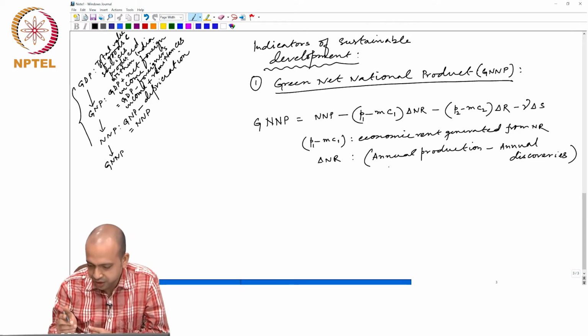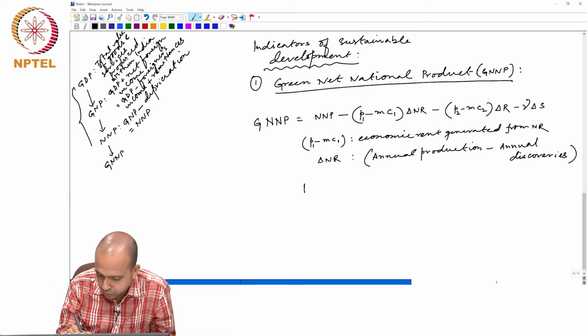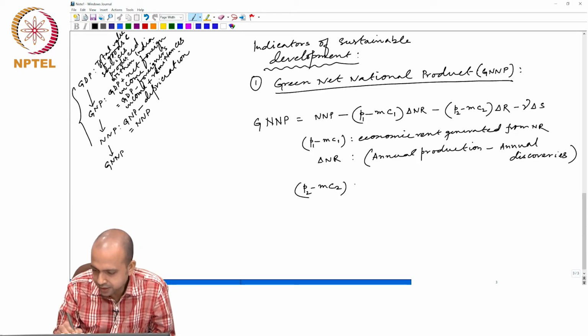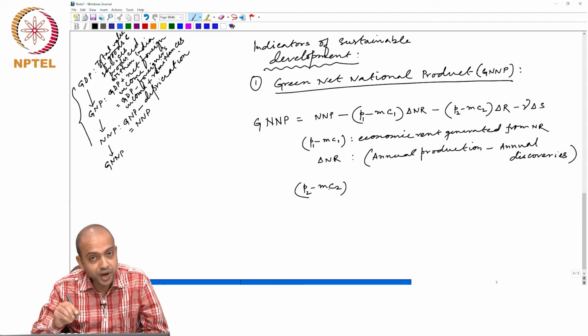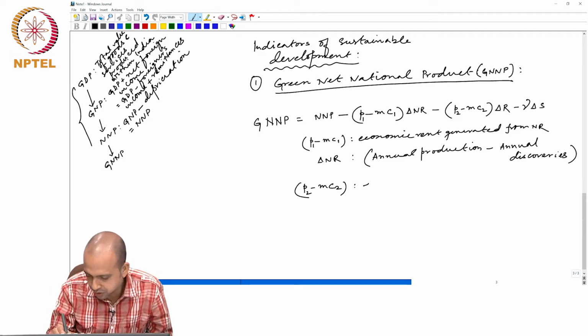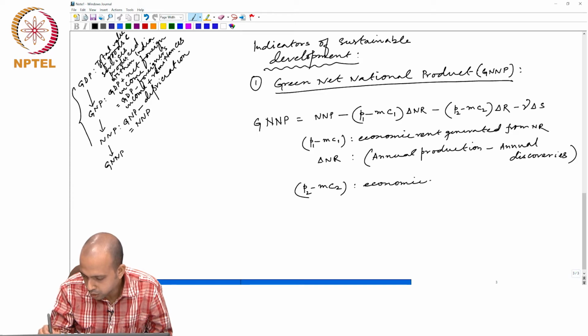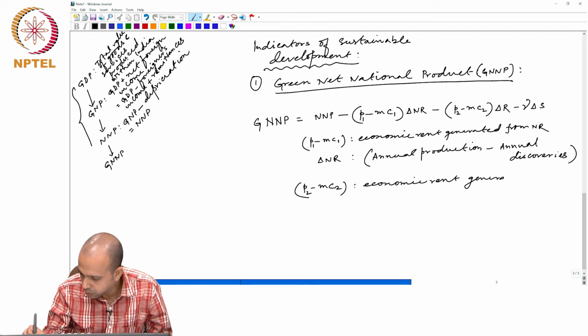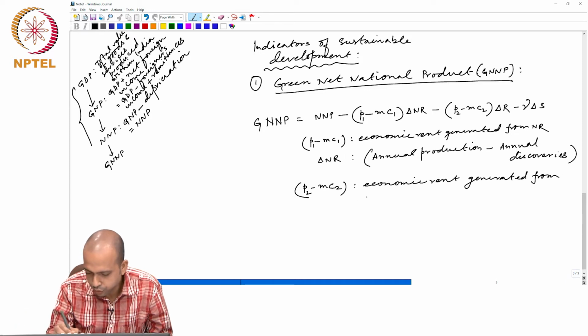Okay. Similarly, P2 minus MC2, let us say that this P2 is the price per unit of renewable resource, MC2 is the cost of extraction. Then this is actually economic rent generated from renewable resources.